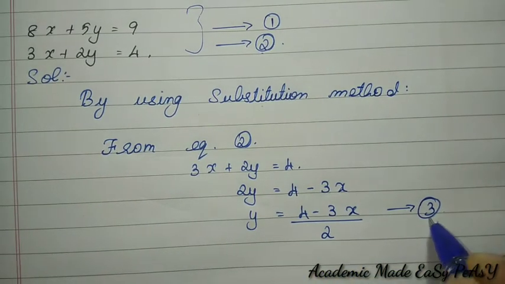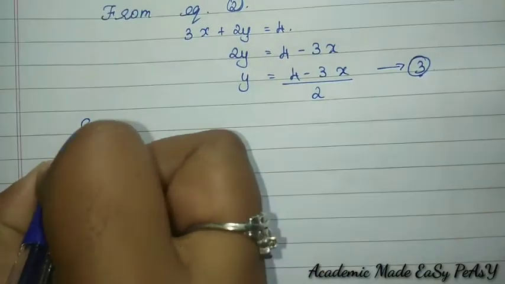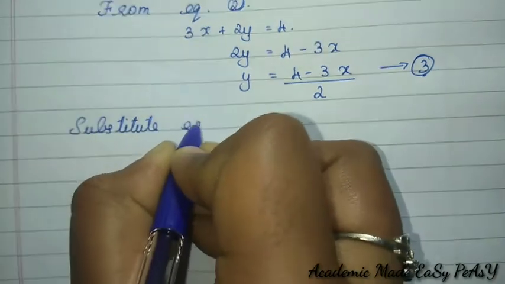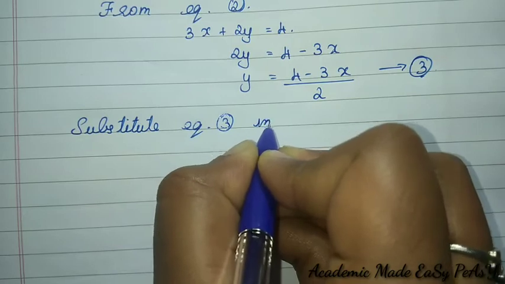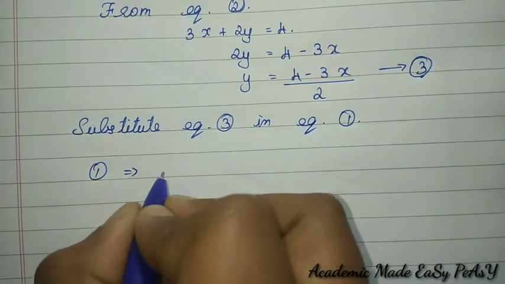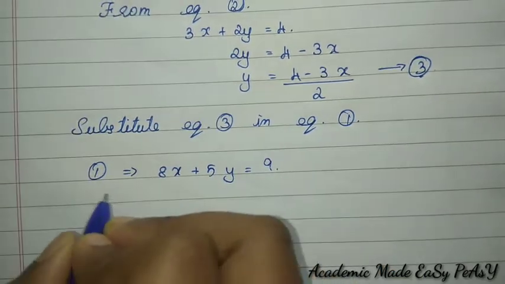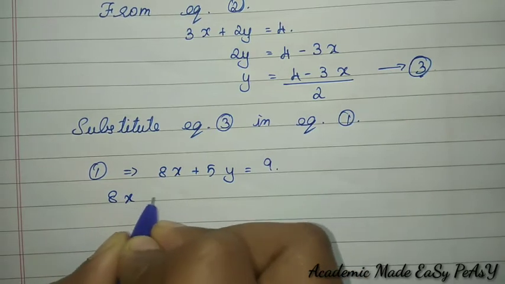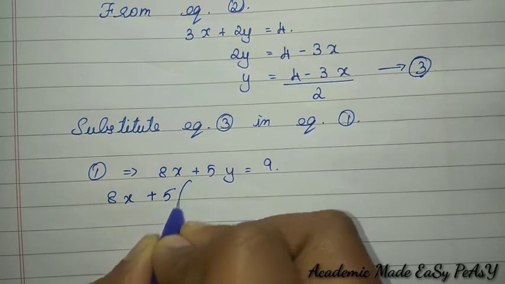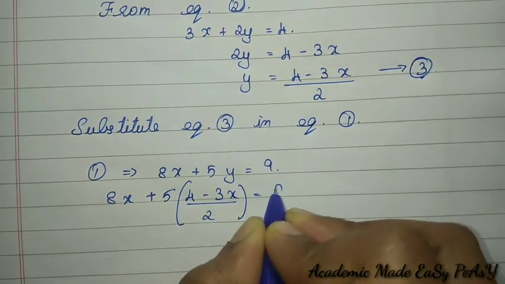Now I will be substituting equation 3 in equation 1. Equation 1: 8x plus 5y is equal to 9. So 8x plus 5 times (4 minus 3x) divided by 2 is equal to 9.